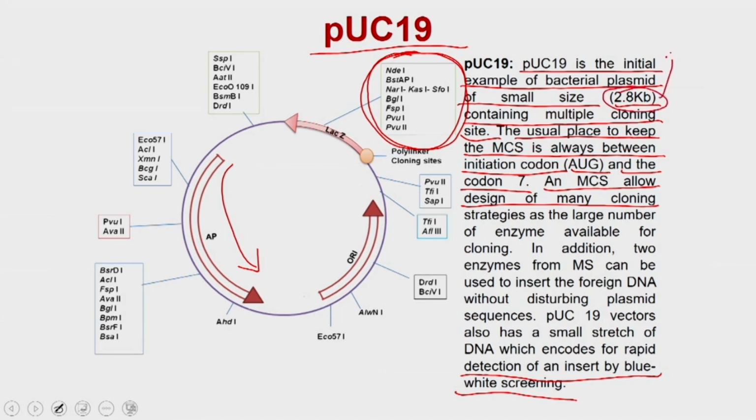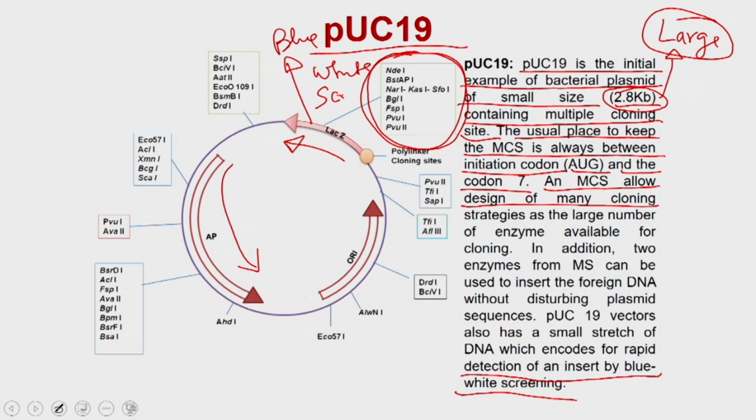So you can see that the first thing people did was remove the unwanted junk DNA from pBR322 to reduce the size, and that allows you to put larger DNA into the plasmid. Then they introduced the lacZ gene, which allows you to do blue white screening.